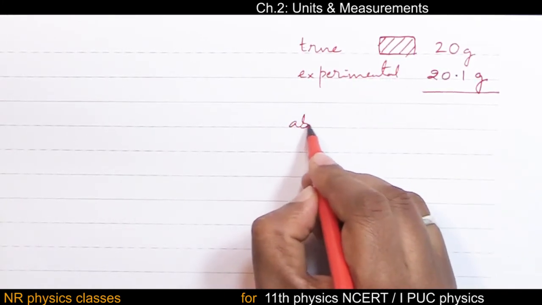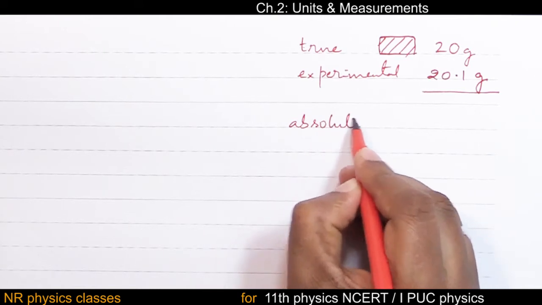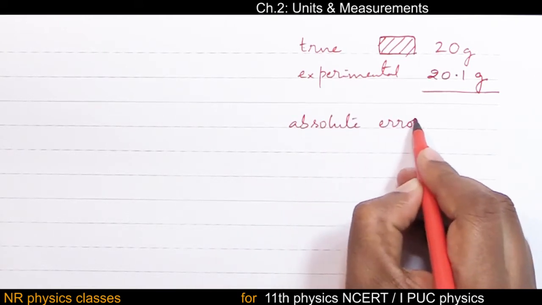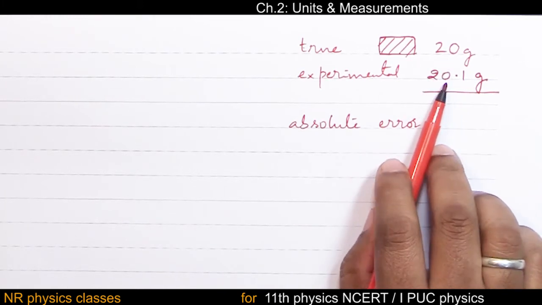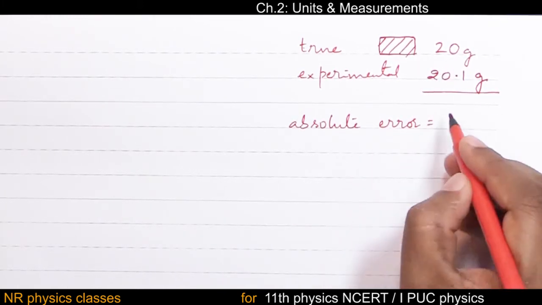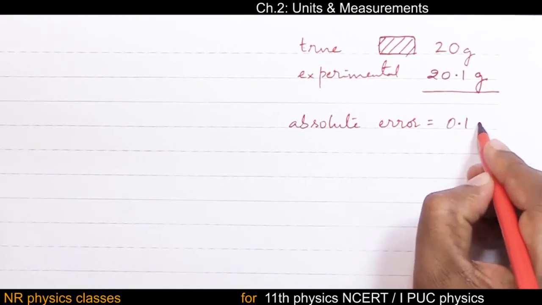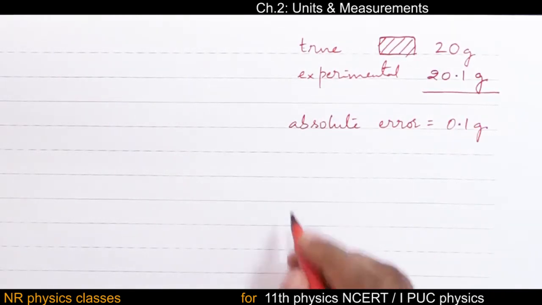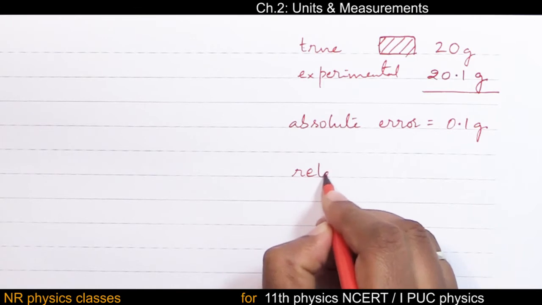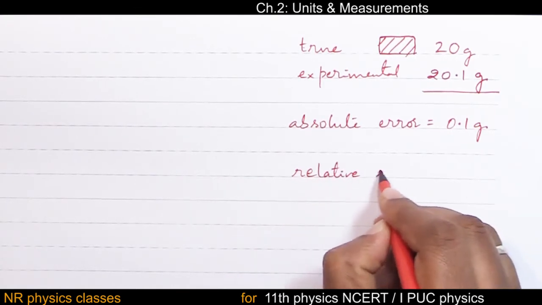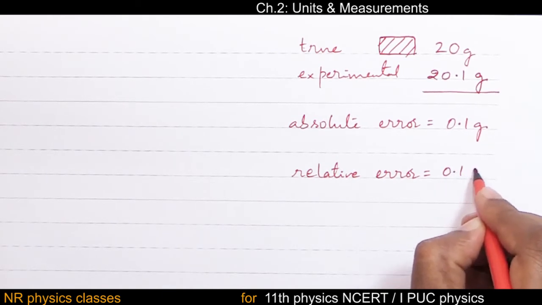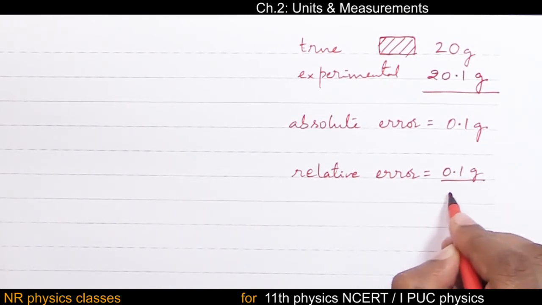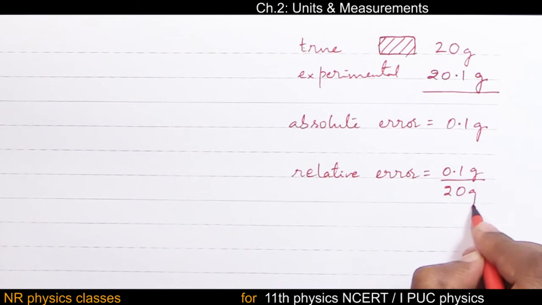Now, what does absolute error mean? Absolute error is the difference of true value and the experimental value. So in this case it is 0.1 gram. And what does relative error mean? Relative error is absolute error by true value, that is 20 gram.